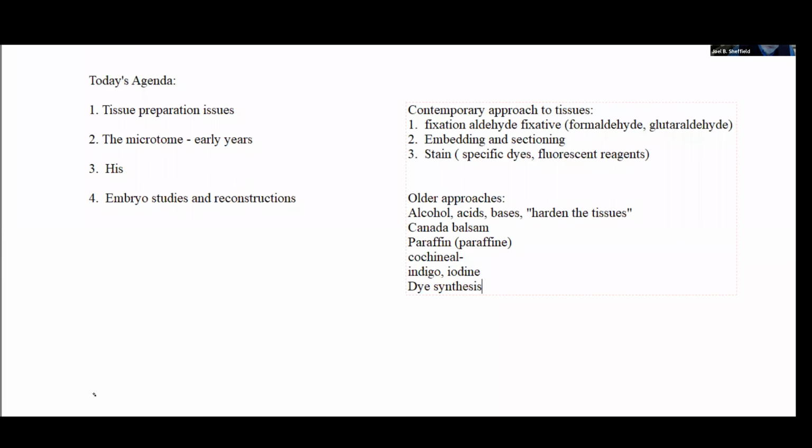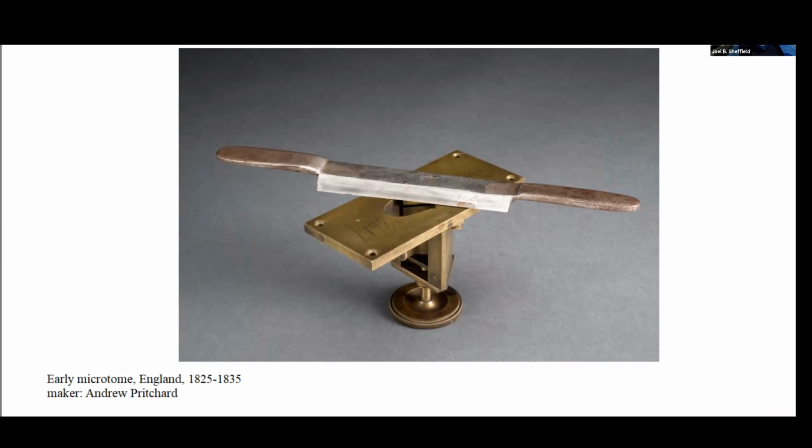So let me show you a couple of early bits of history. Although this is not the earliest thing I'm going to show you, this is the simple idea of how to cut a piece of tissue. You have a flat plate. You take this flat plate and you drag a knife across it, a sharp edge. And generally, these edges are designed to look sort of like this. Let's see if I can show you the side view of the edge.